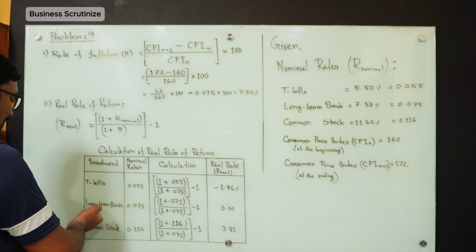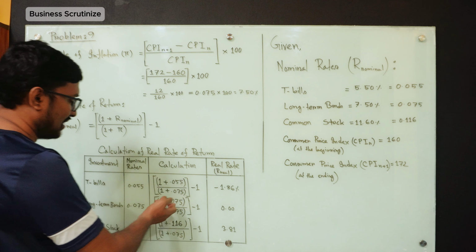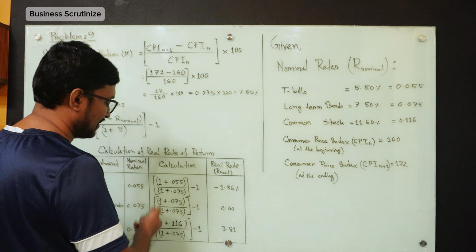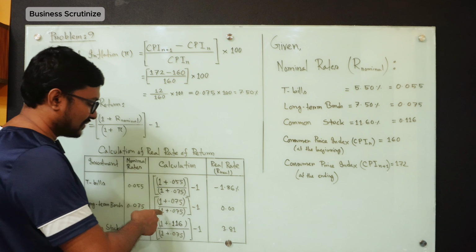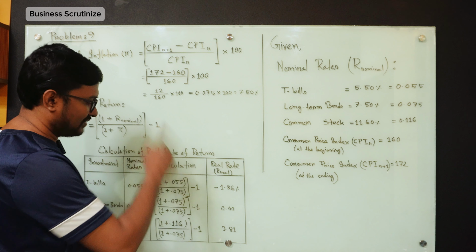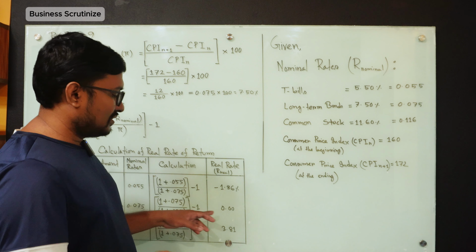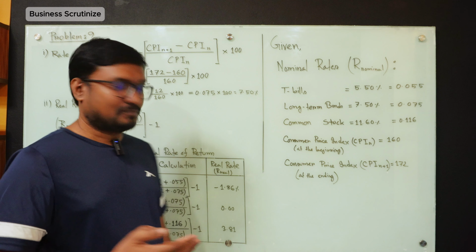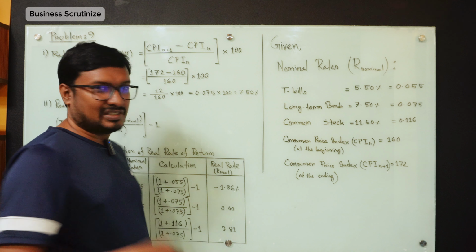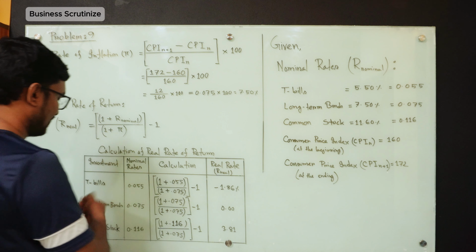Secondly, for long-term bonds, we have the nominal rate 0.075. Here we write 1 plus 0.075, and in the denominator 1 plus 0.075, the rate of inflation, minus 1. If we compute using our calculator, we will have a 0% real rate. There is no real rate of return for long-term bonds.